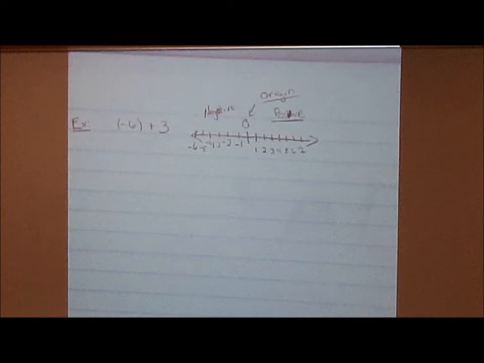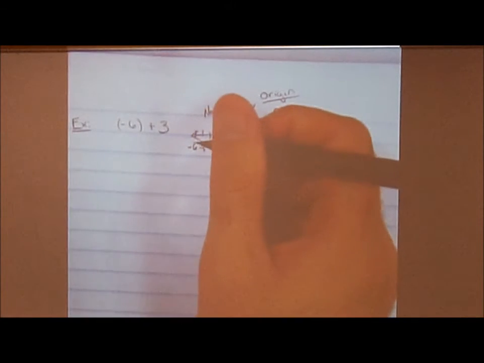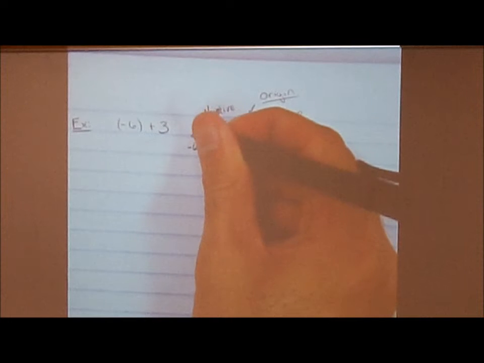Negative 6 first. So I put a dot, what do I call it? A plot of points. We were plotting the points. Ah, so this action of putting a point down is called plotting. Got it. So my point's on -6.